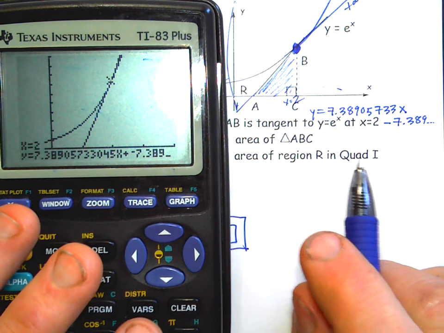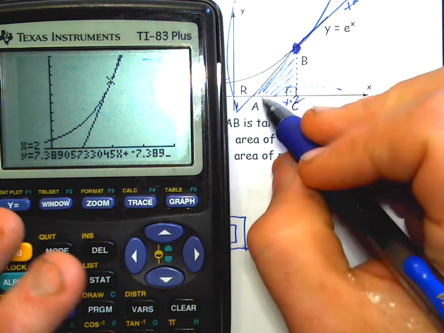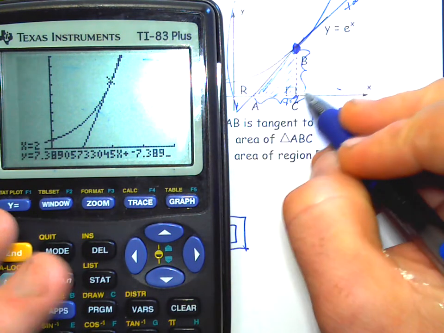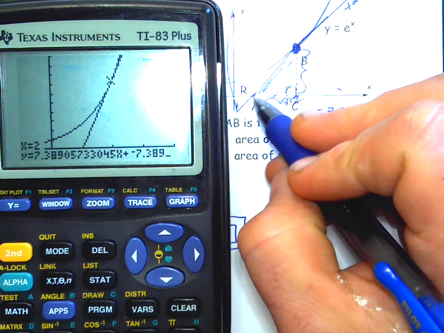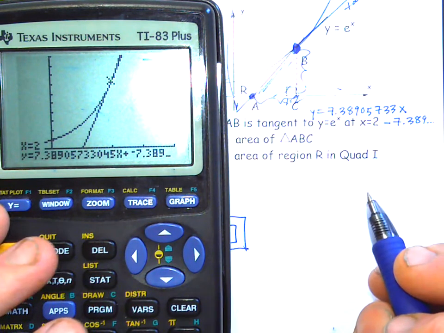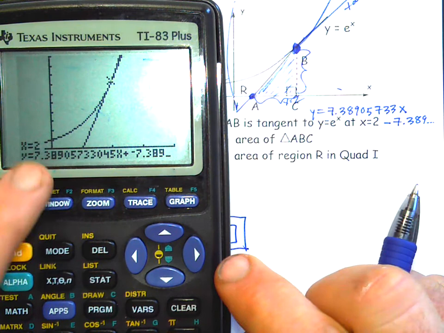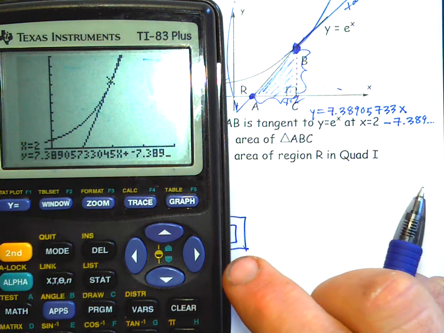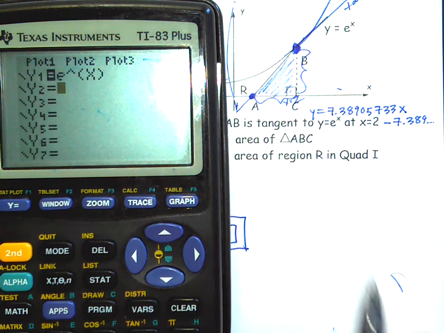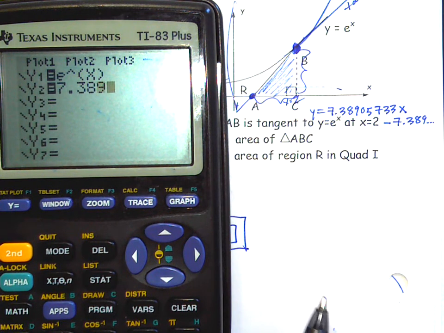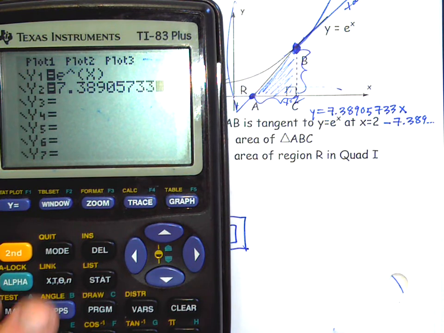So now you could use that to figure out the dimensions of the area of this triangle. You could treat it like a triangle. No matter what, you're going to have to find this x-intercept, right? So now that equation is not in your calculator yet. So if you want to make use of your calculator with that, you got to type it in: 7.38905733x minus 7.389.